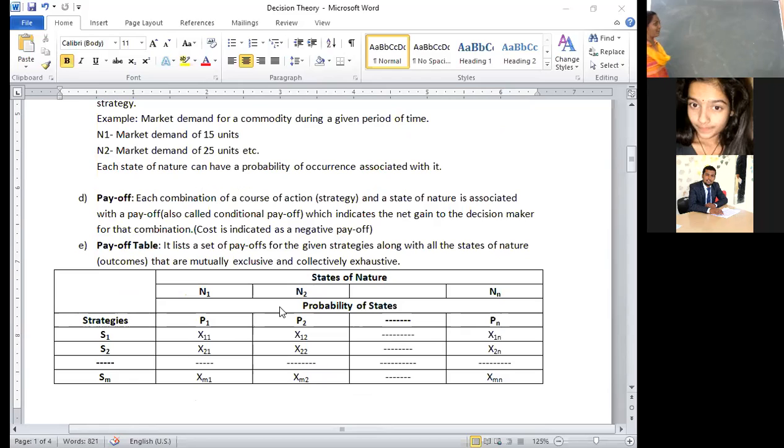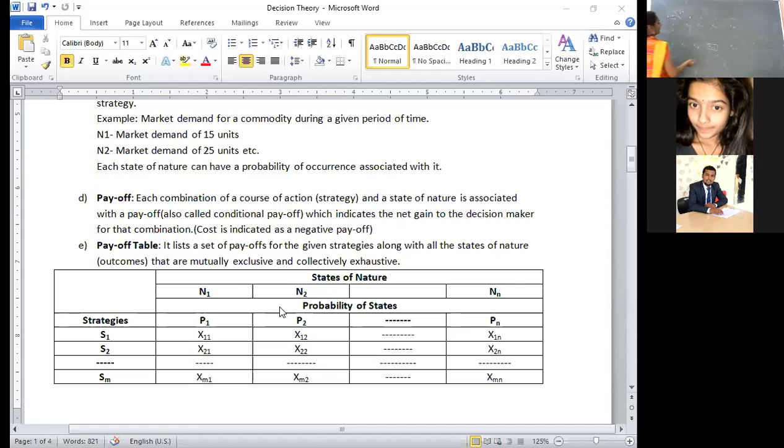If you remember the mathematical model of the transportation problem, from source to destination, we discussed the same. i running from 1 to m, similarly j running from 1 to n. The corresponding variables are x11, x12, x1j, x1n, similarly xi1, xi2, xij, xin.